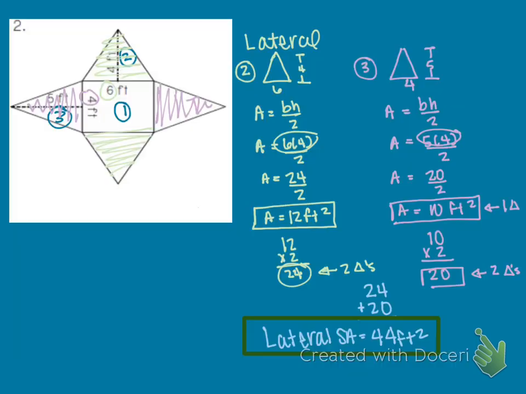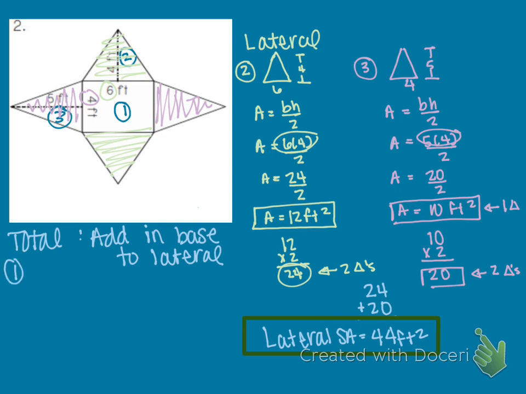Okay, so let's go find total. So for total, this is where I get my base involved, right? Total, add in base to lateral. Okay, so your base is that first one we wrote, right?